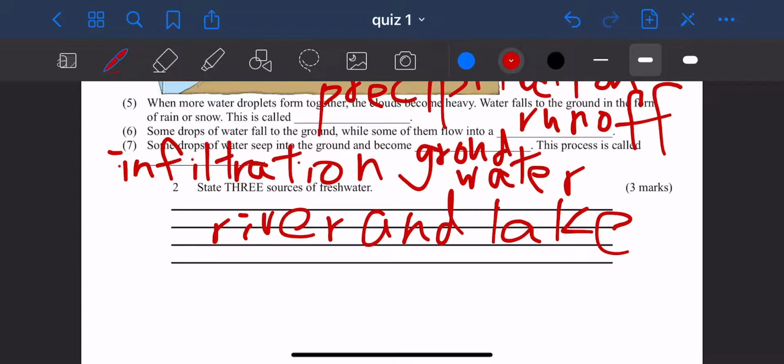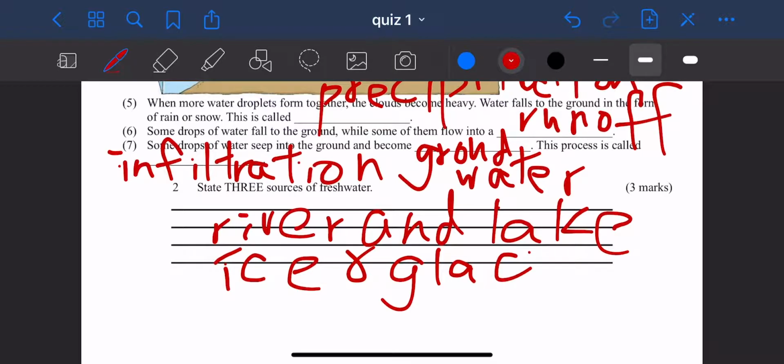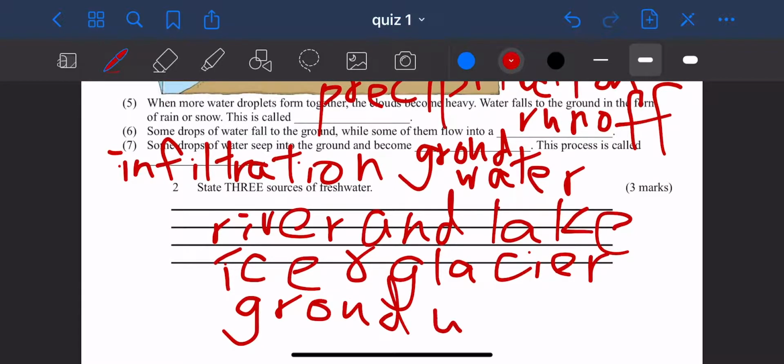Maybe we get fresh water from the melting of ice and glaciers, 冰川啊. What's more, as we have said right here, we can also obtain water from groundwater.